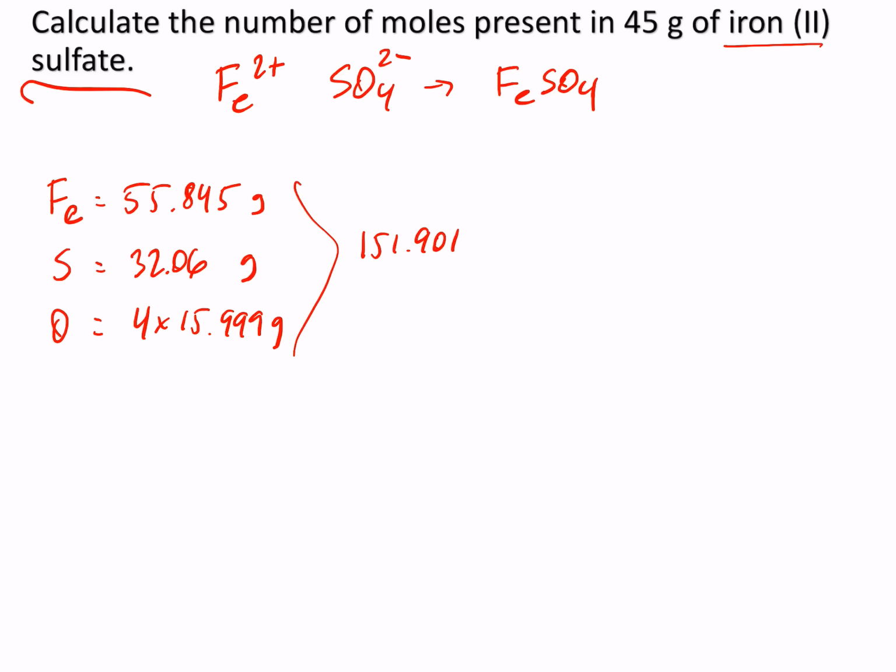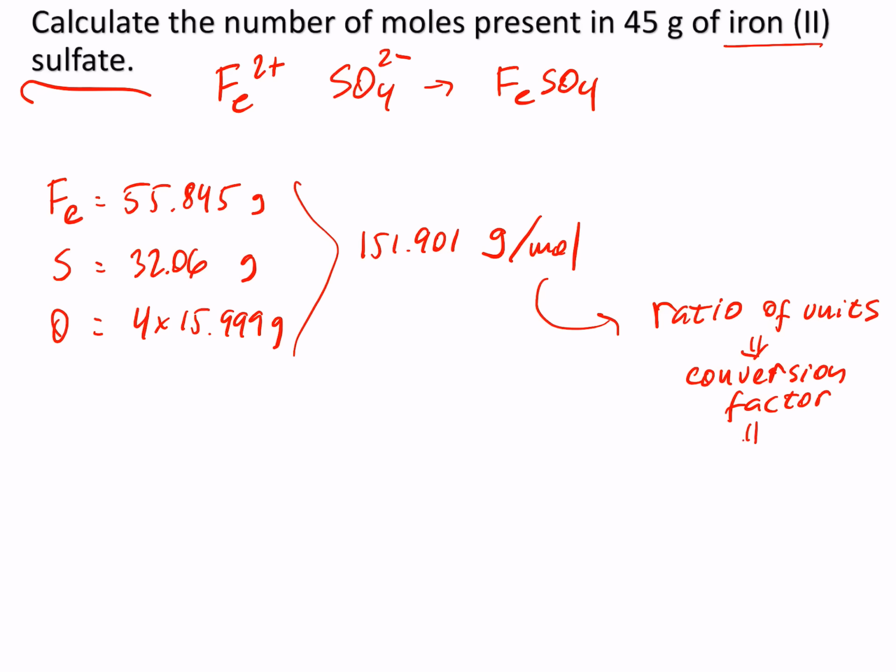Because it's the molar mass, it is the mass that 1 mole of that substance is. So you write this as grams per mole, and what you see here is a ratio of units that for you at this point a ratio of units represents a conversion factor, and that's exactly how we're going to use molar mass.